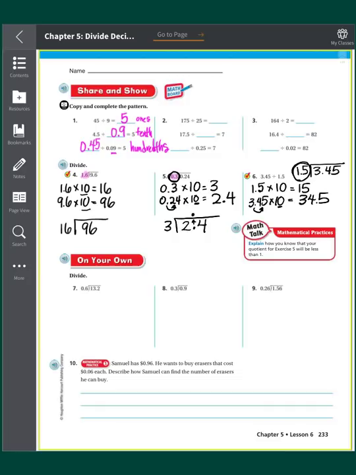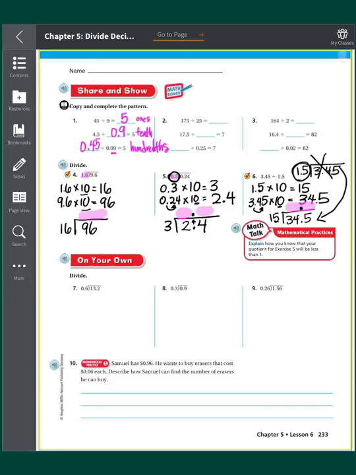So now this becomes 15 divided by 34.5. Okay. So hopefully that helps. Please put your answers. Oh, and then here, remember the decimal point just pops right up on top.